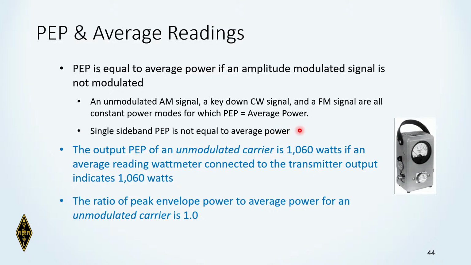Excuse me. Okay, now here's the two very complicated sounding pool questions. See if you can follow this. The output PEP of an unmodulated carrier, like an AM signal, is 1,060 watts.